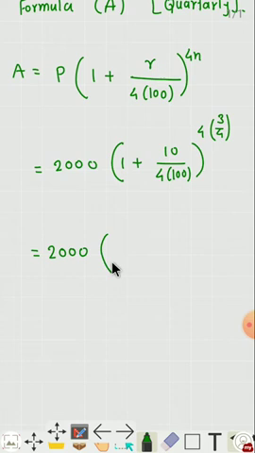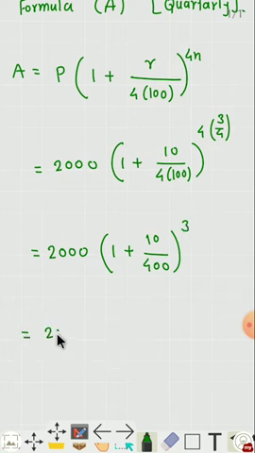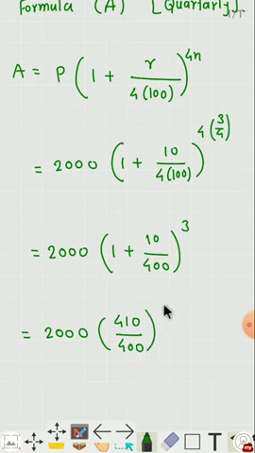3 by 4 years. It is equal to 2000 into bracket 1 plus 10 divided by 400, raised to the power 3. It is equal to 2000 into bracket 410 divided by 400, raised to the power 3.